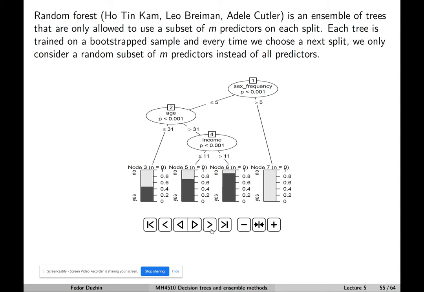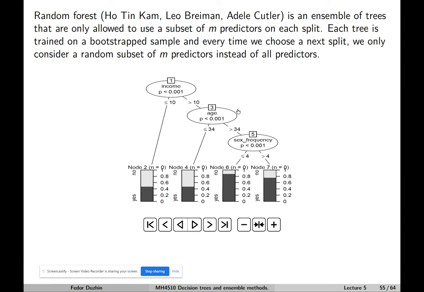If you look at the next tree, it does not have sex frequency as the first split or the second split. It has income as the first split and age as the second split. So it means that, just by random chance, when it picked predictors that would be used in the first split, sex frequency did not appear there, and age did not appear there. So that's why they are not featured in the first split.